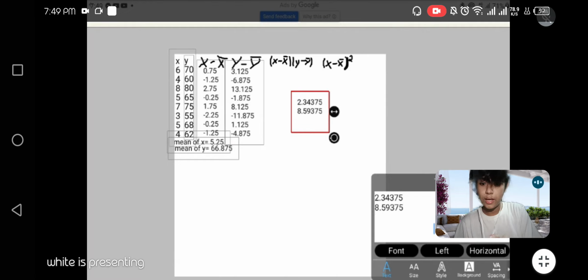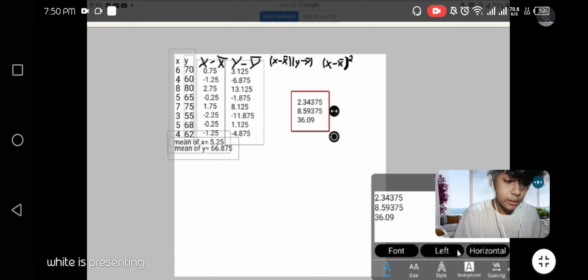So next is the 2.75 times 13.125 is equal to 36.09375.